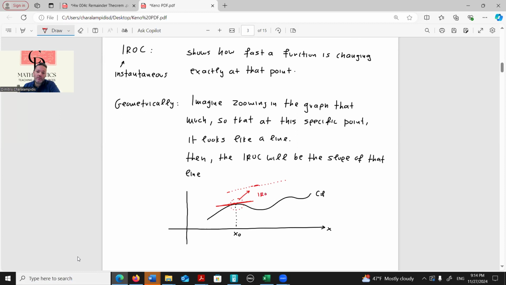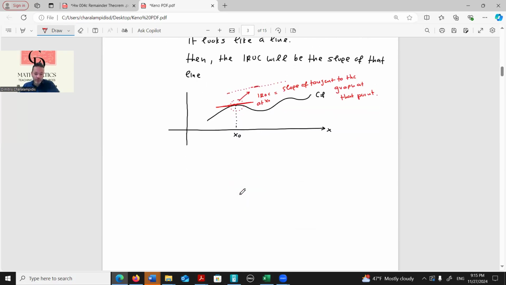So, instantaneous rate of change at x0 can also be seen as the slope of the tangent to the graph at that point. To understand its value, we should do the following example.